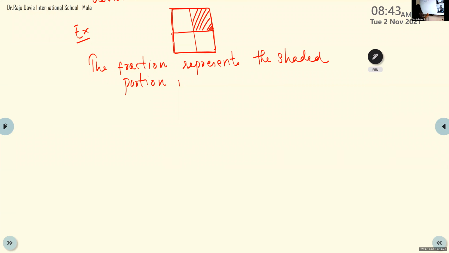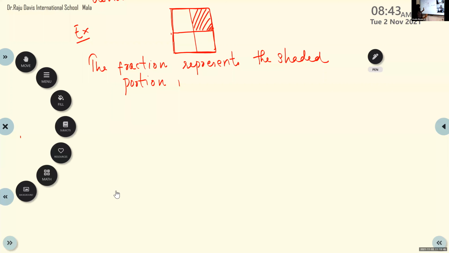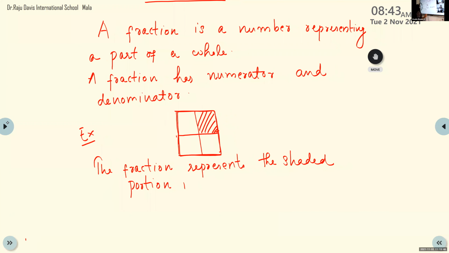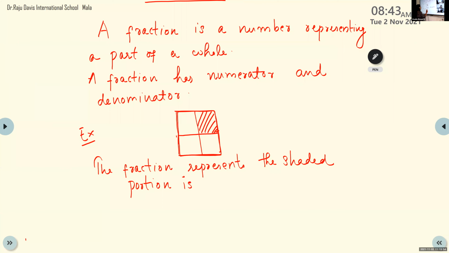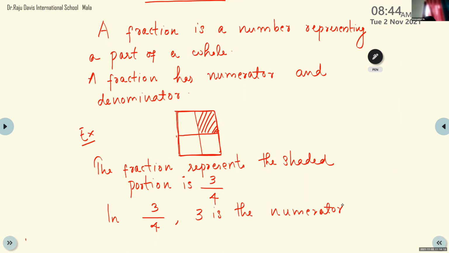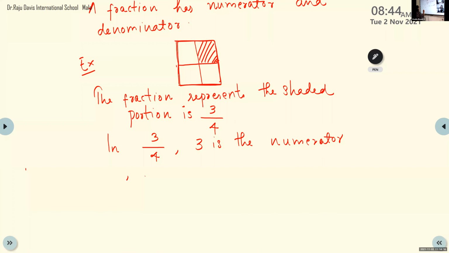It is 3/4. Three is the numerator, and 4 is the denominator. Sorry, children, not 3. It is 1/4.